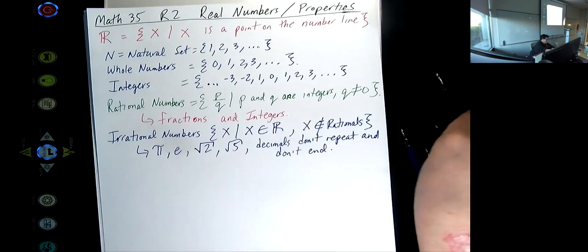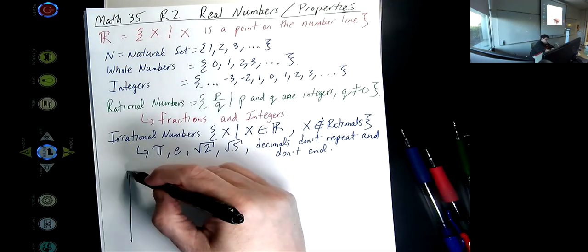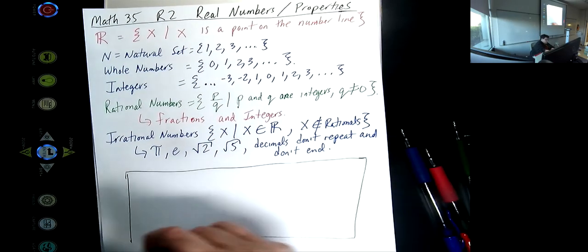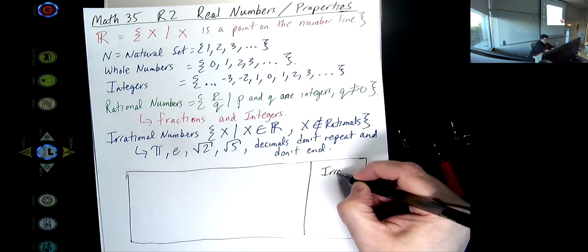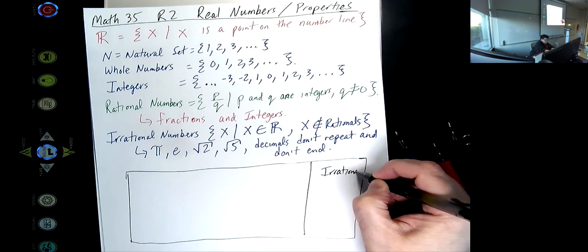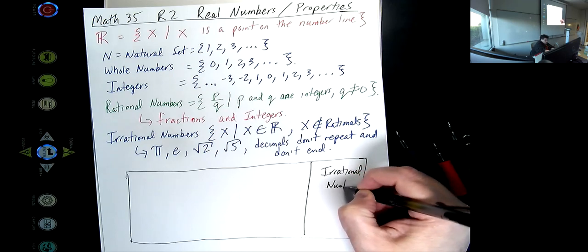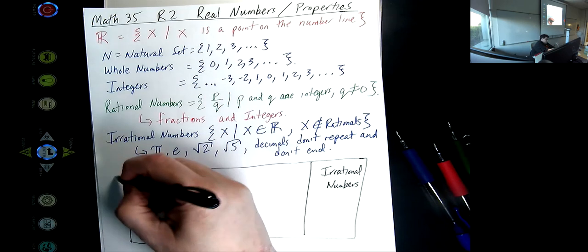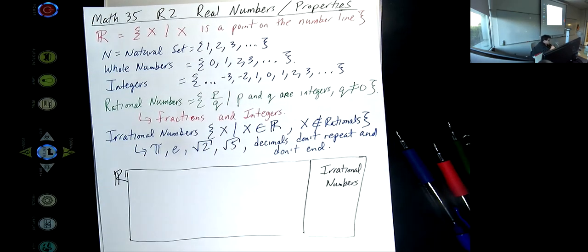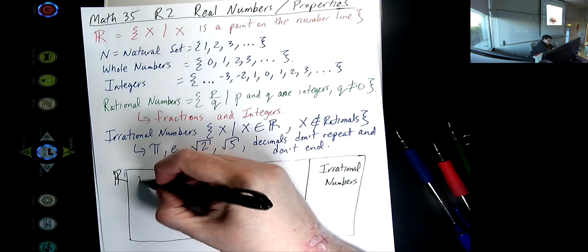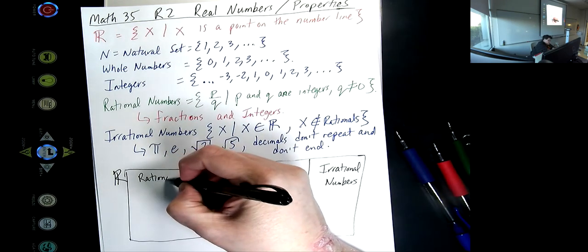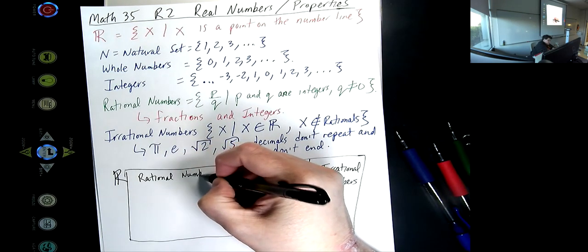We want to do a Venn diagram of this bad boy. Over here, I'm just going to slap my irrational numbers. I'm not going to use circles. This entire box is R. Then if that's the irrational side, everything else is the rational side. The rest of the numbers over here are rational.